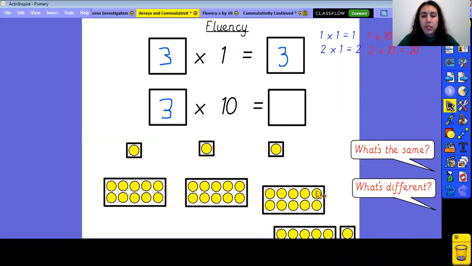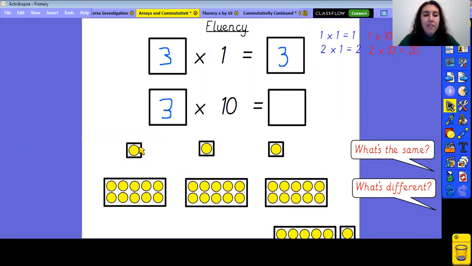There we go. Now I've got 3 groups of 10. Well, for every 1, I've got 10. So that means I've got my 3 fingers to show my 3 groups, and I need to skip count in my 10s 3 times. So we go 10, 20, 30. Super duper.